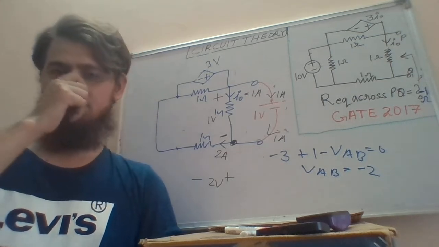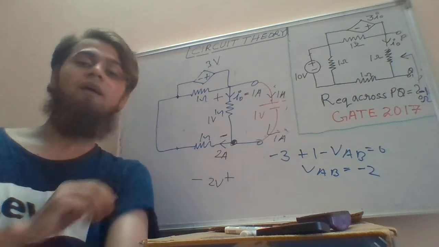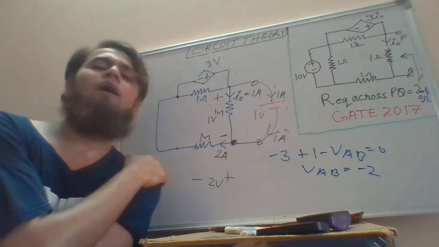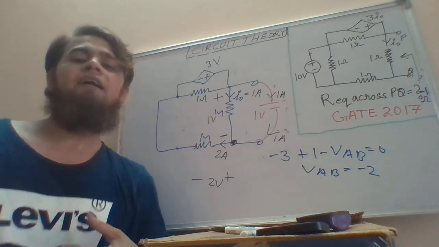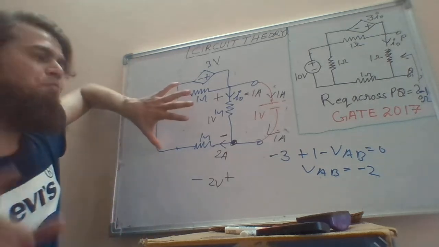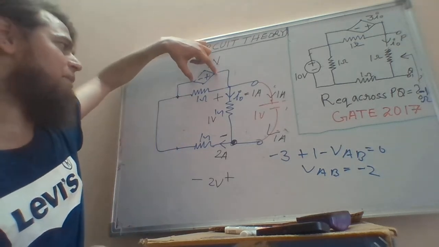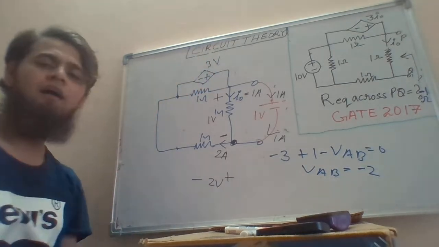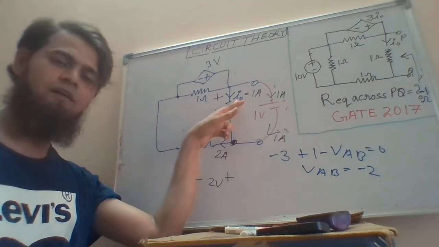You could have done it, but still let me take 1 or 2 minutes more as far as negative resistance is concerned. See, why is it happening that your external battery is forced to behave as a passive element? The external battery is forced to receive the current. This is possible only when the circuit has some dependent source. Actually, this dependent source will come into the picture when this I naught appears.